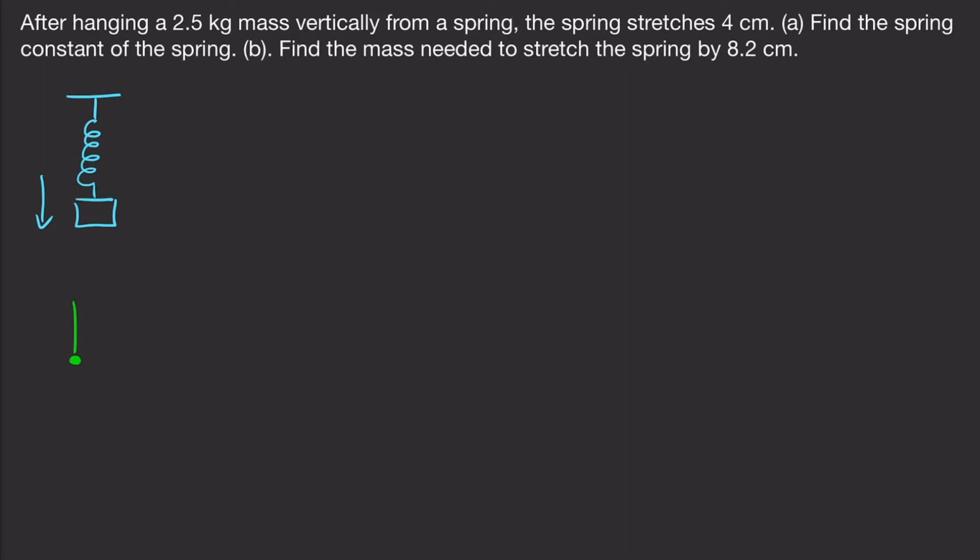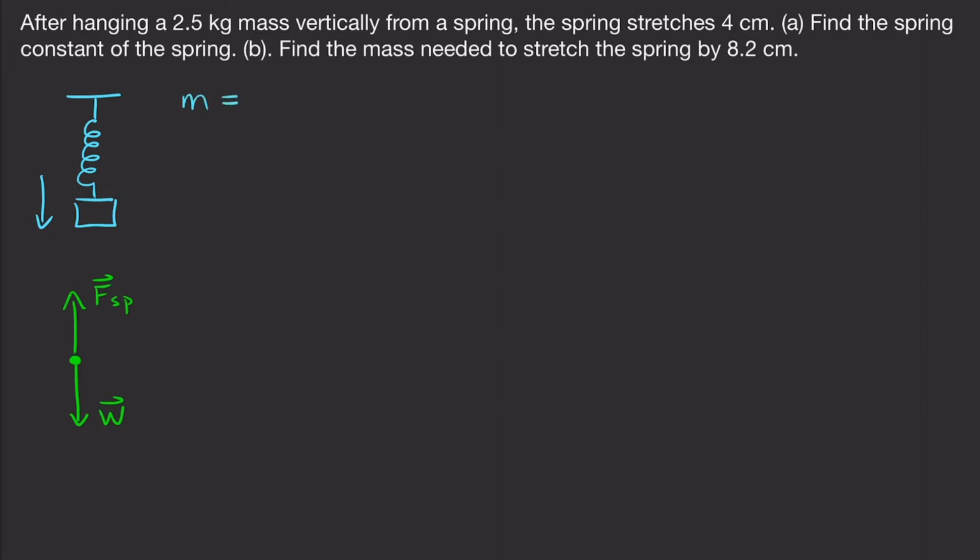So it's going to have a force that opposes that, that tries to restore it back to its original length. So the spring force is going to fight that displacement, or go upward. And then the mass has a weight that is going down toward the earth. So that's it for my free body diagram, no forces acting in X.